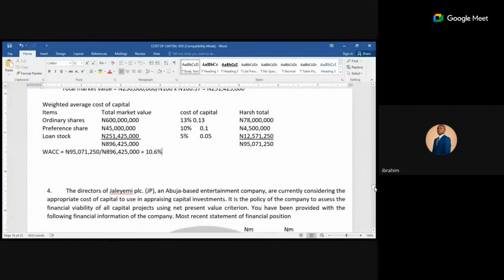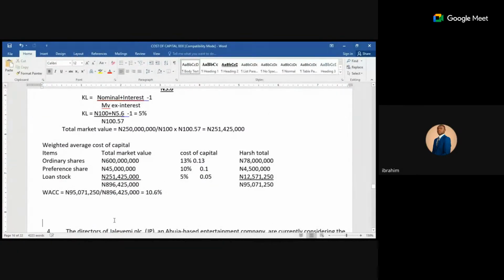The book value weighted average cost of capital is different from the market value one. This is the market value WACC because we consider what is actually happening in the market currently, not the book value, which is historical. We'll get to that point.